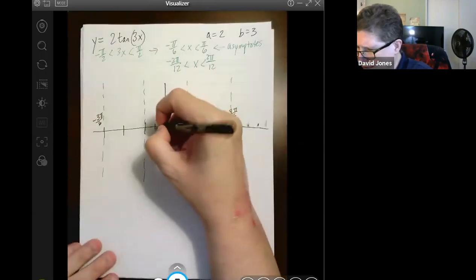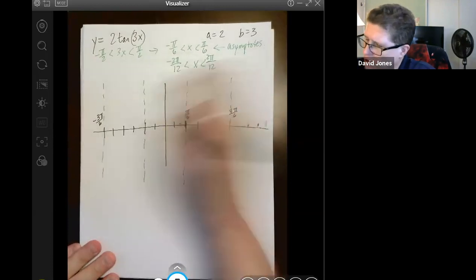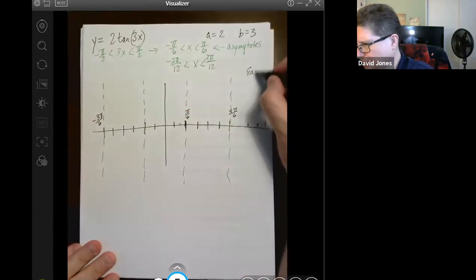Put my quarter points in. So each mark is π/12.